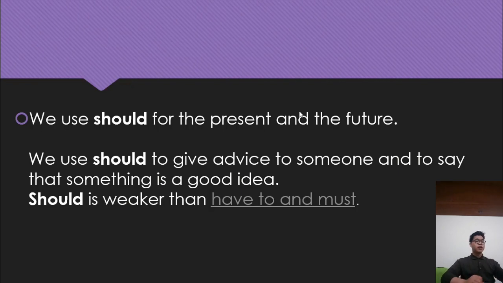Should is weaker than have to and must. If you want to use have to and must, you make sure that someone you give a direction to has to do it, there's no way out. So if you want a little bit weaker degree, maybe you can use should.